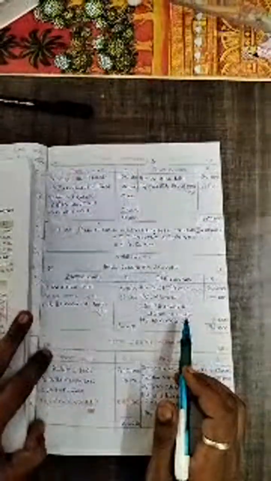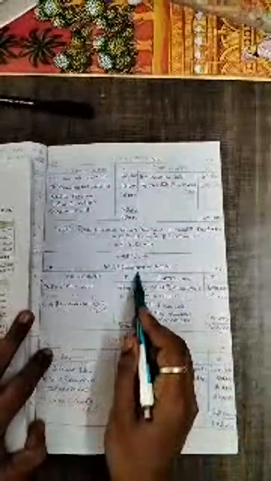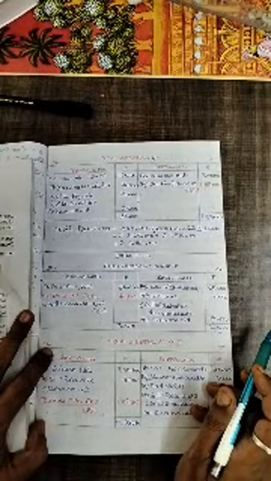Closing balance. So what account will we prepare? We are going to prepare the bills receivable account. We need the opening balance of the bills receivable. Here we have it. How much? 30,000 rupees.